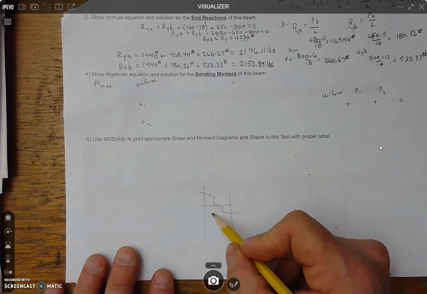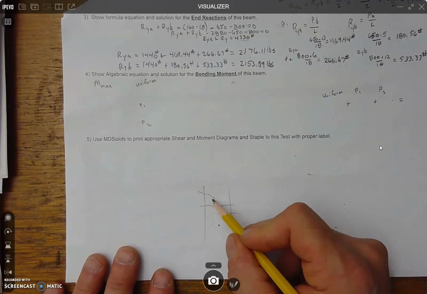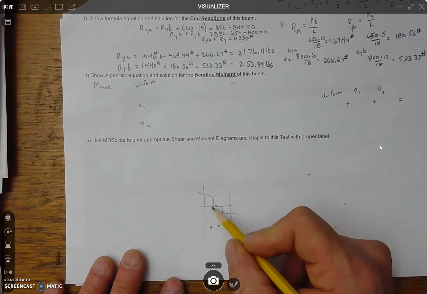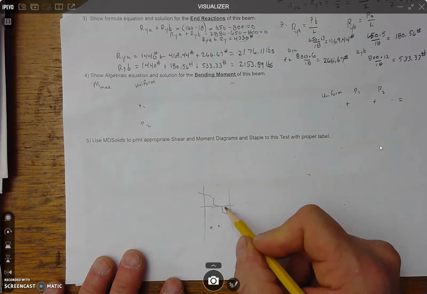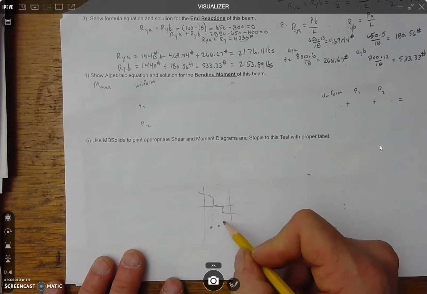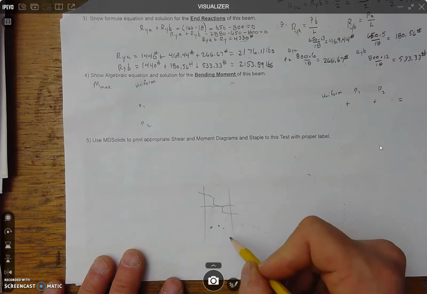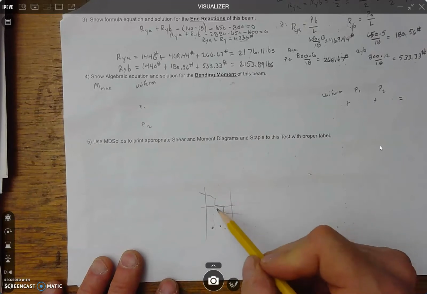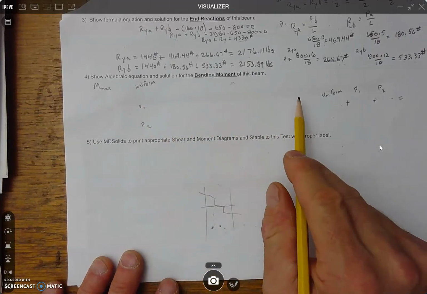Then we would find the area of everything to the left of this, and that would give us the moment for that area. Then we would find this one, excluding the little part here, and draw an arc that goes between them. Well, instead of having to do that, we can now use formulas to do this.